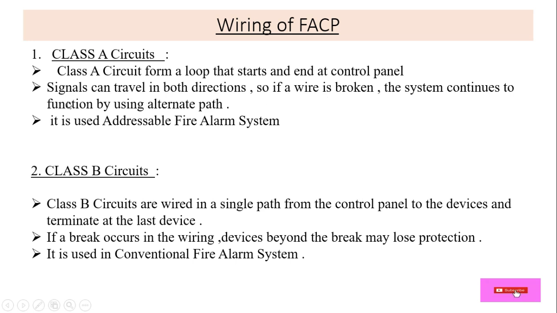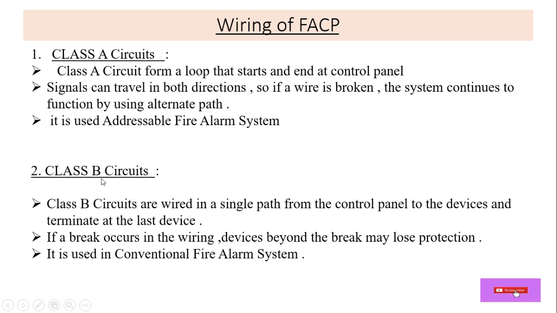This is the addressable fire alarm system, where it is a closed loop, so signal can travel in both directions. If a wire is broken, the system continues functioning by using alternate paths. This is the SLC circuit, as we have already discussed. It is implemented in the addressable fire alarm system.